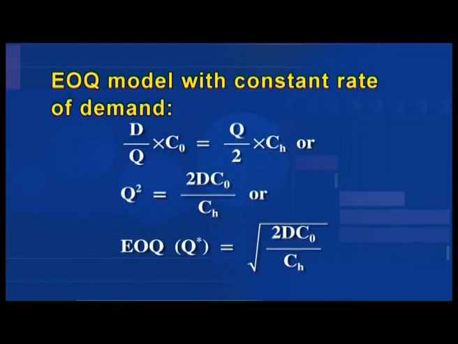That is, D/Q times C0 is equal to Q/2 times CH, or Q squared is equal to 2 times D times C0 divided by CH, or Q star, the EOQ, is equal to the square root of 2 times D times C0 divided by CH, which is equal to the square root of 2 times annual demand times ordering cost divided by carrying cost. This formula for Q star is also known as the Wilson or Harris lot size formula.